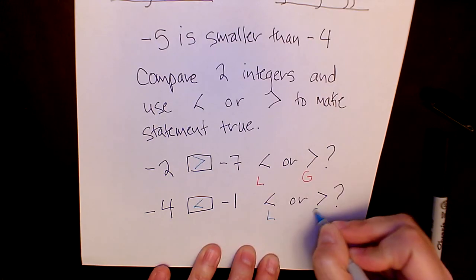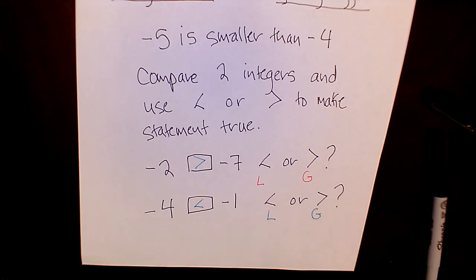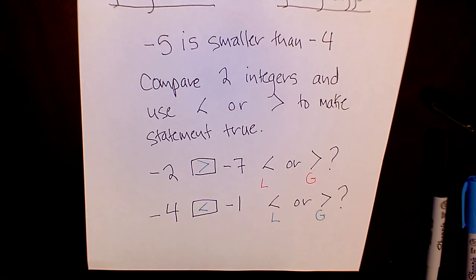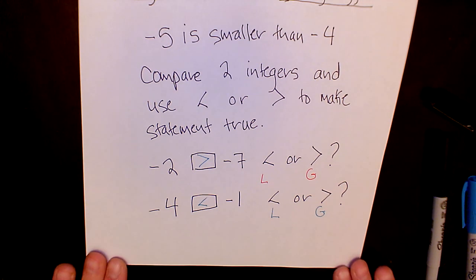So this is less than, this is greater than. So as the numbers on the negative side get bigger, they're actually getting smaller. And the closer they are to 0, the bigger they are. I am going to stop there and continue on with the second part of 3.1.